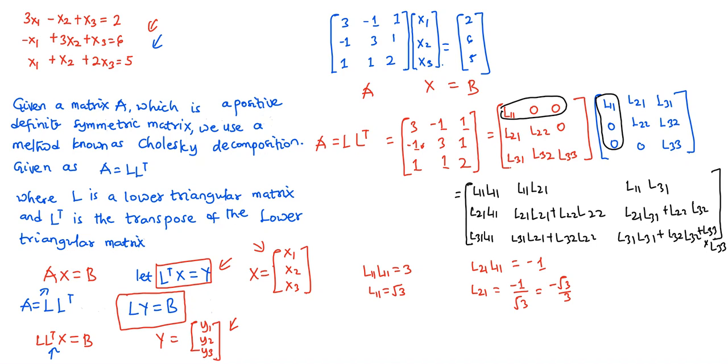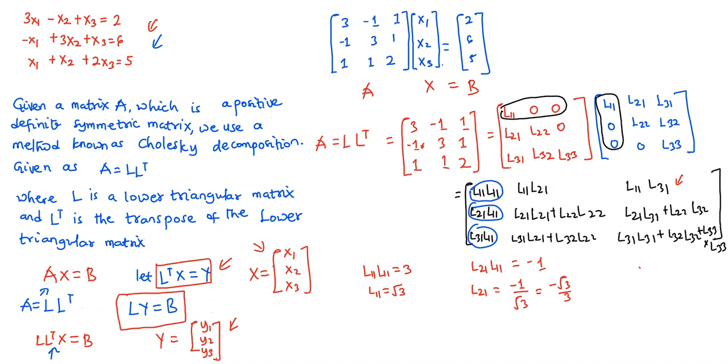So for the next entry, we have L11 multiplying L31. Let me not do it that way. I was using this, but that will not be uniform, so let's consider it column by column.